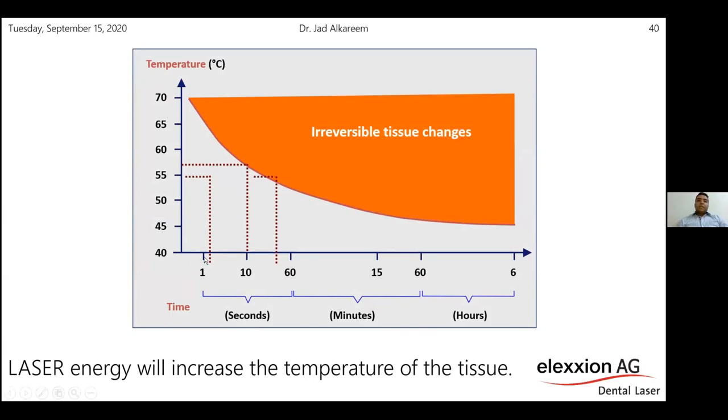So you can see that if we have a continuous laser application until 10 seconds, we will reach a temperature level up to 55 Celsius, and until 55 or 60, you will have an irreversible tissue change. So if the temperature of the tissue is increased more than 60 Celsius, you will start to cause serious damage to the tissue.